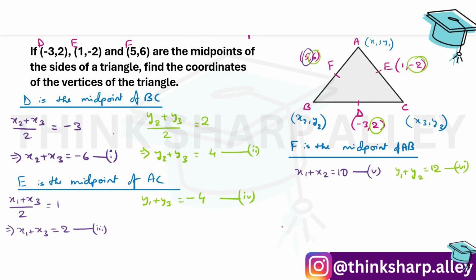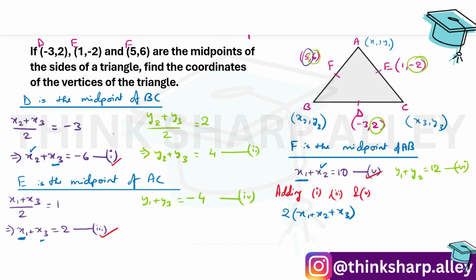So let me solve the x part first. Adding 1, 3 and 5, please note, here we have x1 and x1, so 2x1. We will also get 2x2, x2 plus x2, and 2x3 as well. So I can take 2 common, x1 plus x2 plus x3.